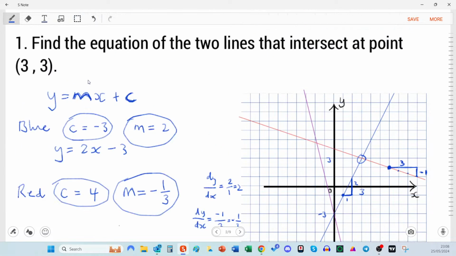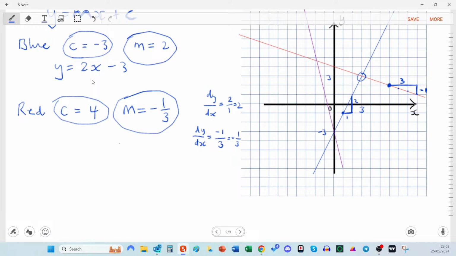Okay, so find the equation of the 2 lines. Done. No, we're not. This is y equals 2x minus 3. This is y equals -1/3 x plus 4. Now in maths we don't really like to have this negative out the front, and this is where in the exam it will make you feel a little bit weird when they write the equation like this.